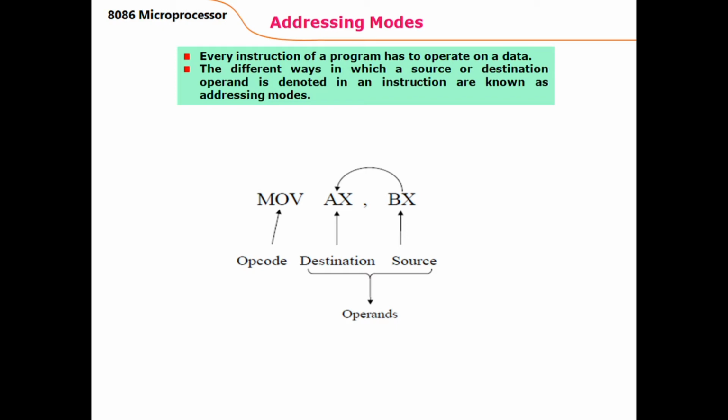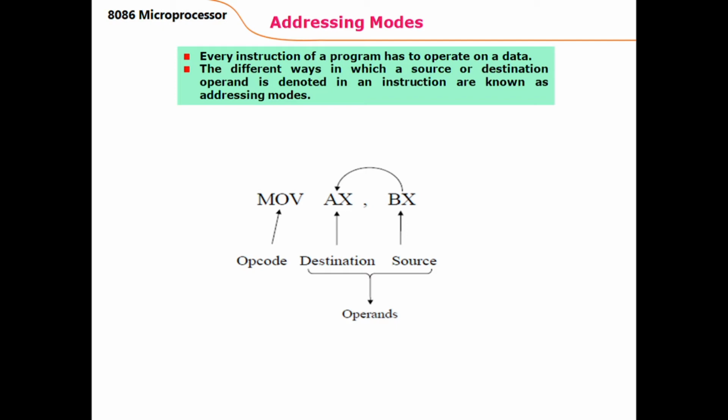To access data, there are different ways in which a source or destination operand is denoted in an instruction, and these different ways in which a source or destination operand is denoted in an instruction are known as addressing modes.